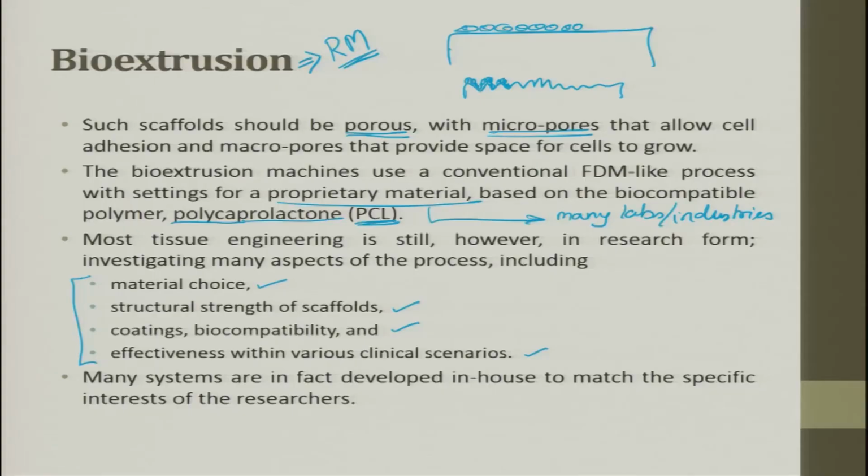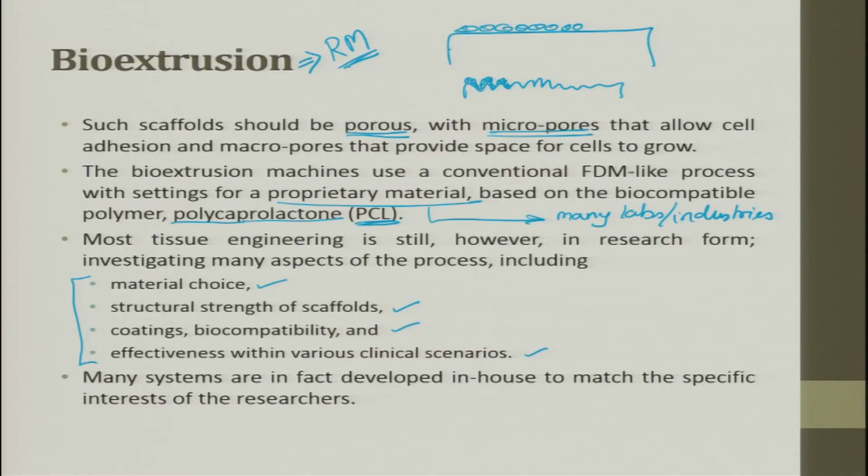Because you have made the live product which gets into the real time application directly. So, here in bio-extrusion, people are now talking about only polymers. Slowly people have started moving towards ceramics, that is hydroxyapatite, and then they are also now talking about whether we can directly extrude metals. So, that is the other thing which people are talking about.